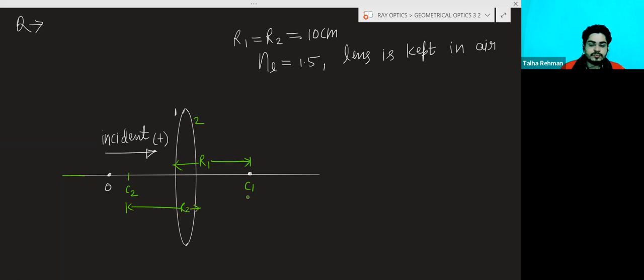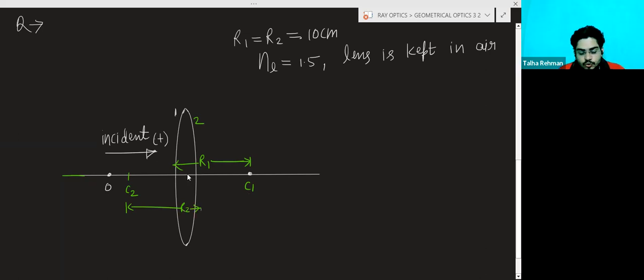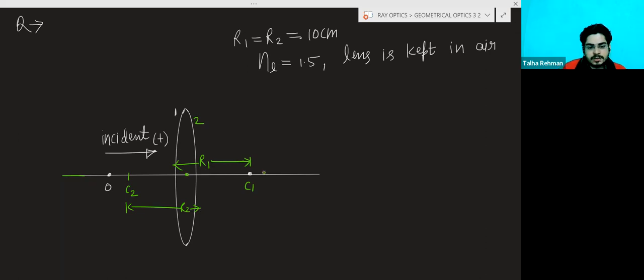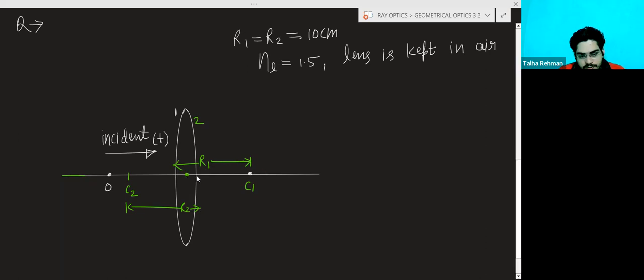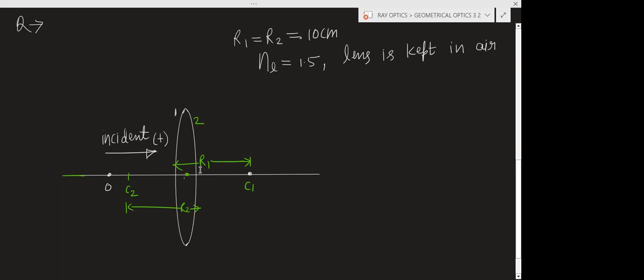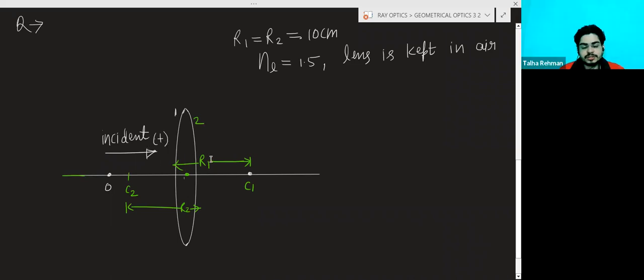When you measure R1, you will move in this direction from the optical center, because this is a very thin lens. So you are moving in the positive direction, so R1 will be positive. You will take R1 as plus 10 centimeter.